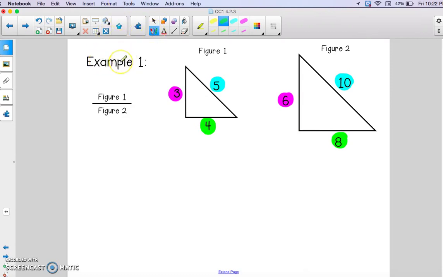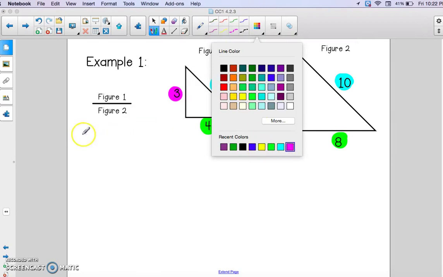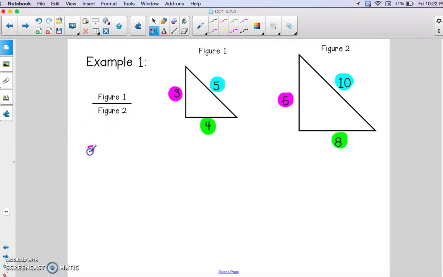Then we are going to always compare our side lengths, figure 1 on top and figure 2 on the bottom, and we're trying to figure out the ratio to get from figure 1 to figure 2. So that's going to look something like this. I'm going to set it up figure 1 on top, so that's that 3, and I'm going to go corresponding side lengths, so that's 3 to 6. So I'm going to go 3 over 6.